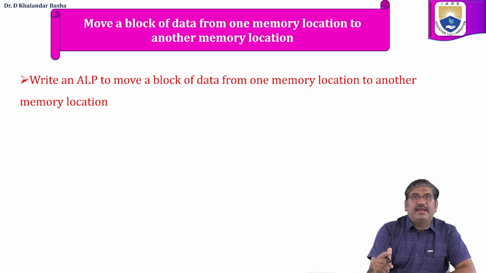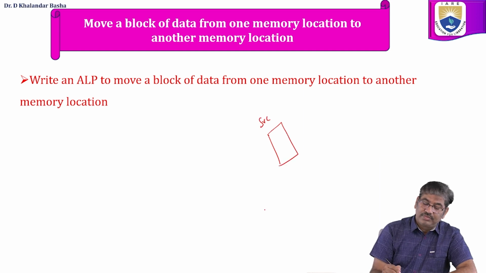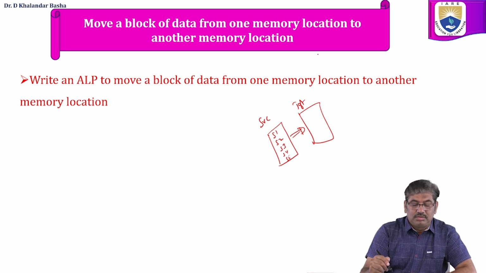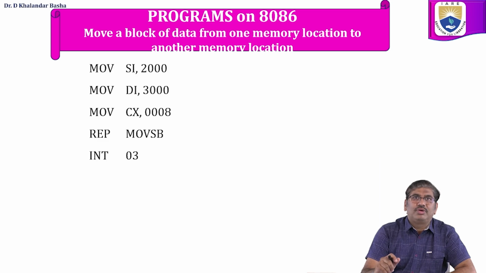The next program is: write an ALP to move a block of data from one memory location to another memory location. So here we have the source string, which consists of some number of string elements. This we want to copy to the target location. As we can't copy directly from one memory location to another memory location, but with string manipulation instructions, we can have memory to memory transfer.